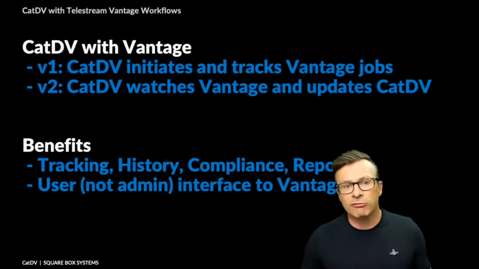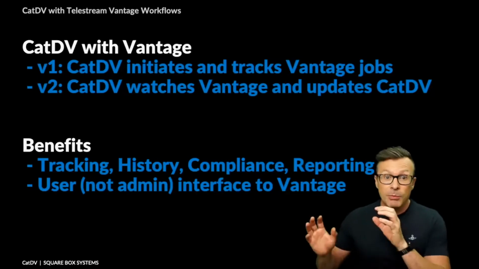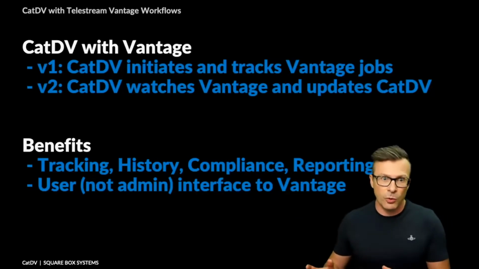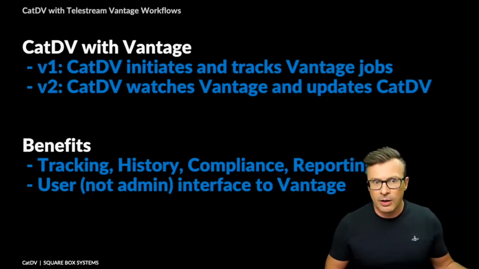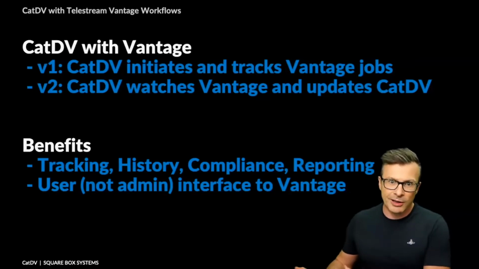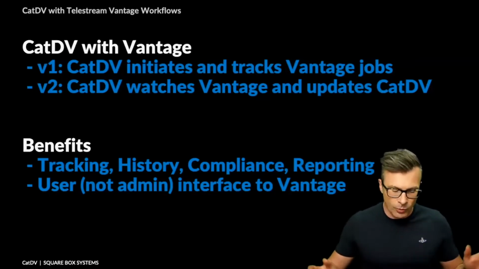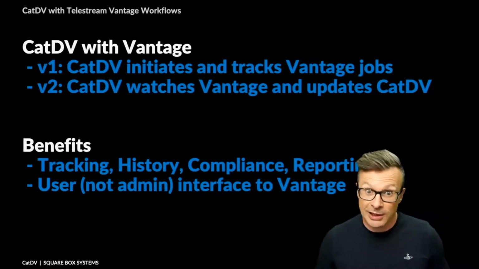And I'm saying user rather than admin interface. Vantage provides a great user interface for administrators to set up, configure, and monitor workflows. But if I'm in a production team and I just want to deliver a file, I don't really want to be able to talk to Vantage. I might break things. It's so complicated that I just don't want to go there. And my media manager really doesn't want me to go there.